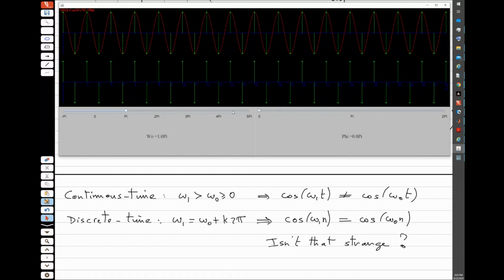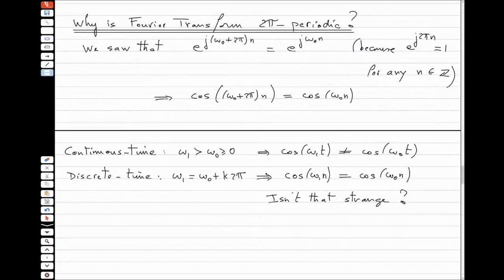What's that? Pi. Cosine of pi n. Is it a surprise? So cosine of pi n is the same thing as -1 to the power of n.